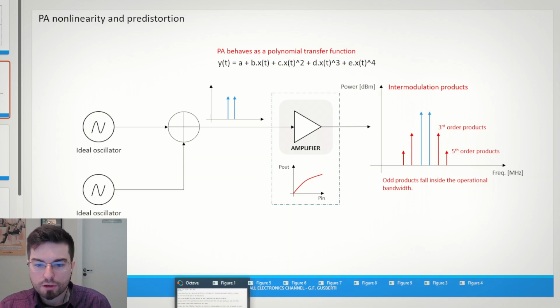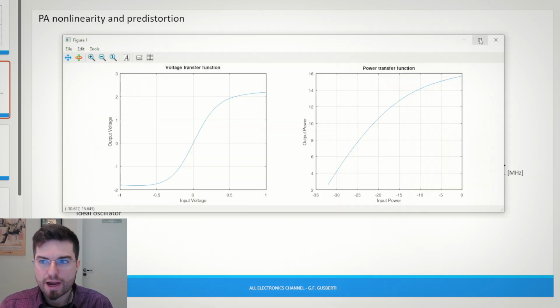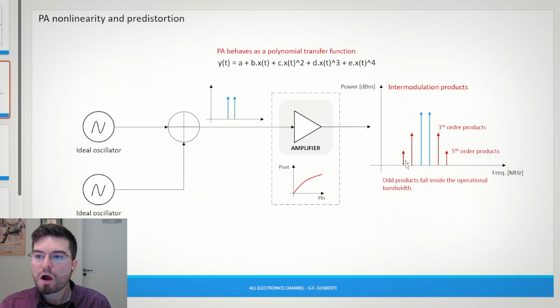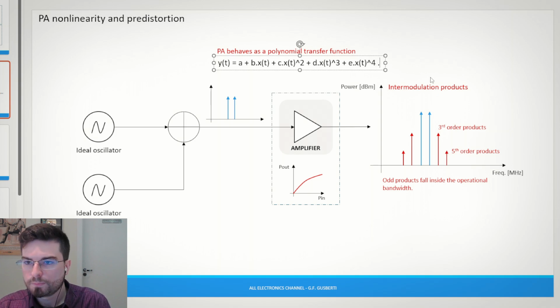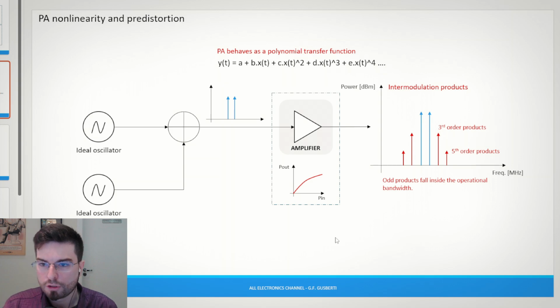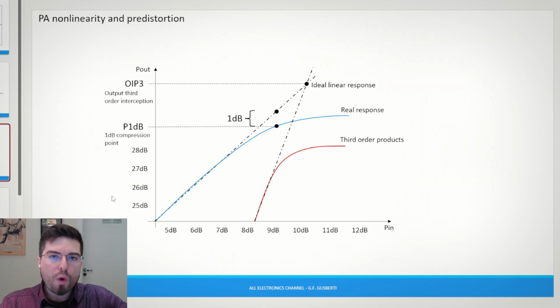So if we model the transfer function of the amplifier as a polynomial, the third order intermodulation terms, these terms here, come from the third order term of the polynomial. The fifth order intermodulation terms that we saw on the simulation come from the fifth order term that goes here on the polynomial. So you may ask yourself why we are not using very linear amplifiers.